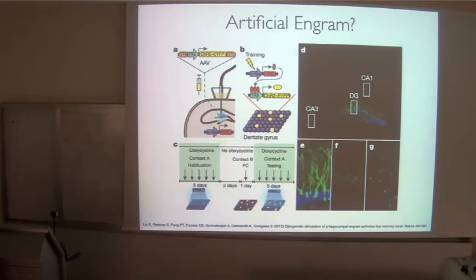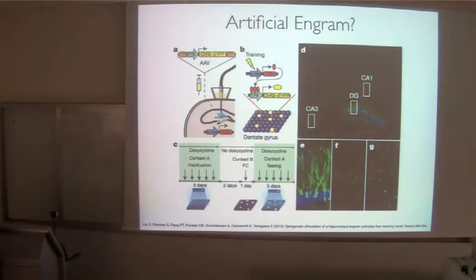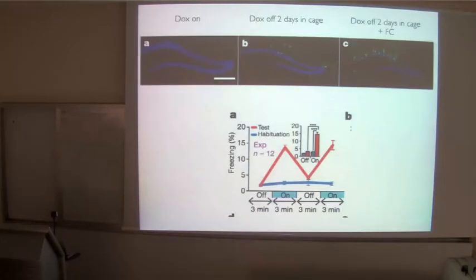Right? If these neurons are encoding the memory of being in a place that we should be afraid of, then if we're activating these neurons, we should be afraid. Okay, so that's the idea. And indeed, just to show you, if you have doxycycline on, neurons are not expressing channelrhodopsin.